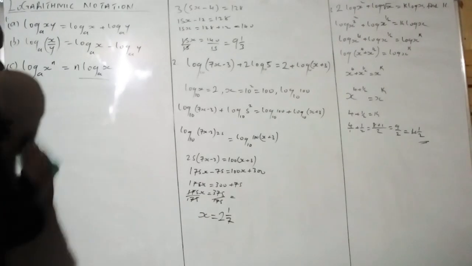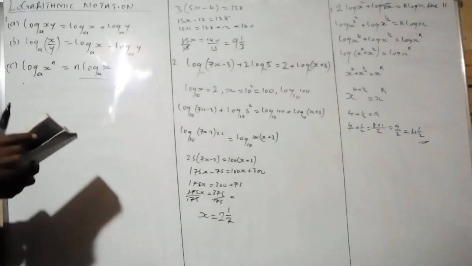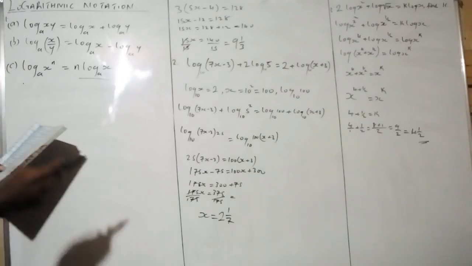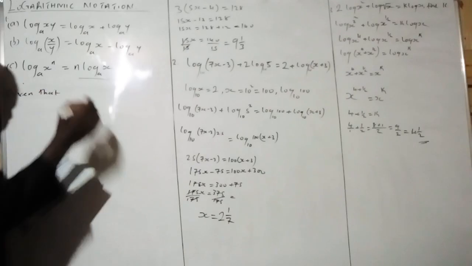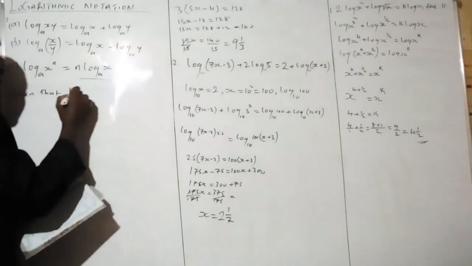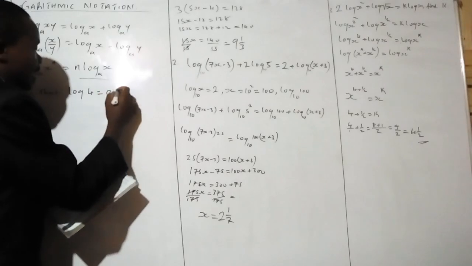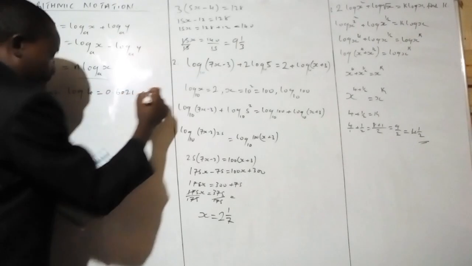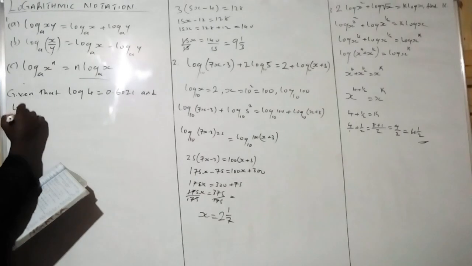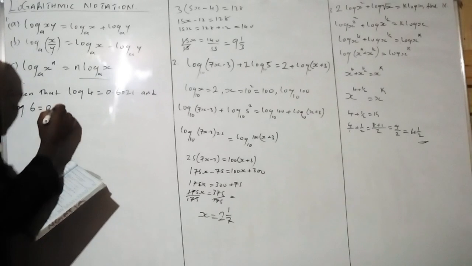The next question will be given. You've been given that log 4 is equal to 0.6021 and log 6 is equal to 0.7782.